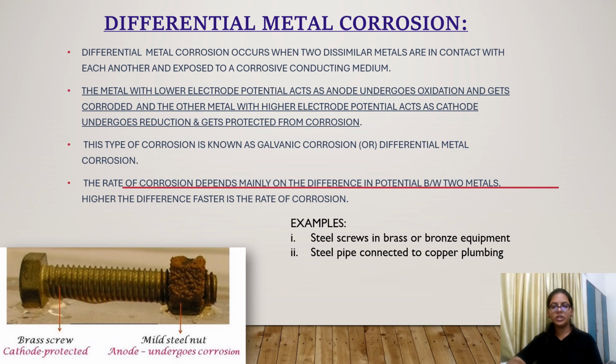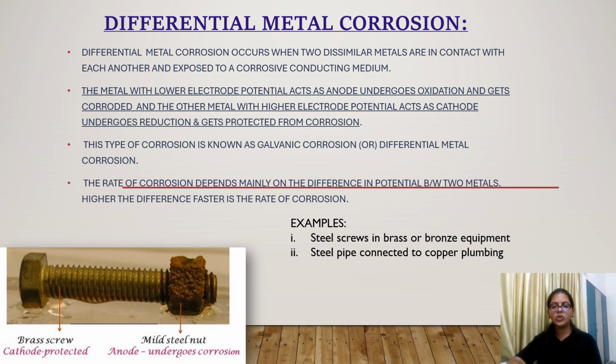Differential metal corrosion occurs when two dissimilar metals are in contact with each other and exposed to a corrosive conducting medium. The metal with lower electrode potential acts as an anode and undergoes oxidation and gets corroded. The other metal with higher electrode potential acts as a cathode and undergoes reduction and gets protected from corrosion.